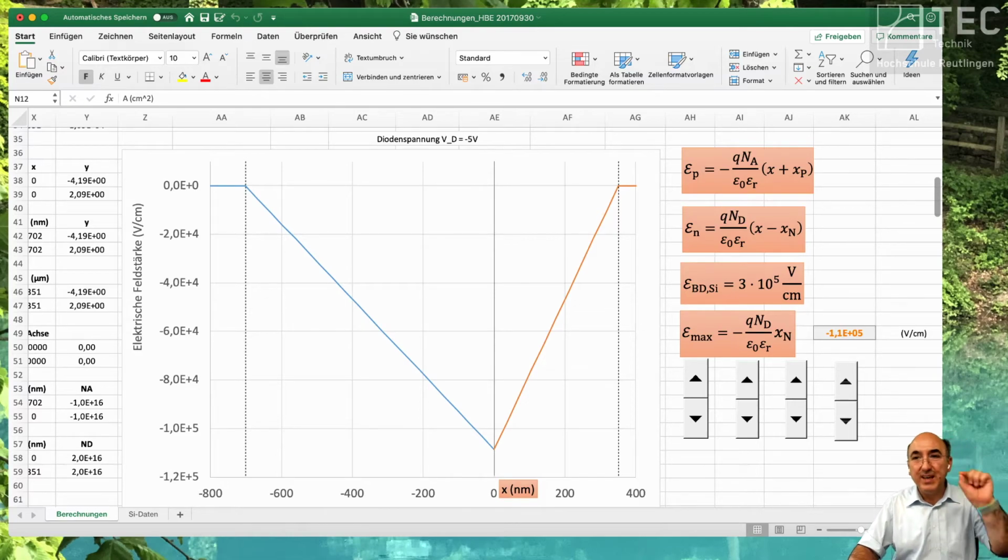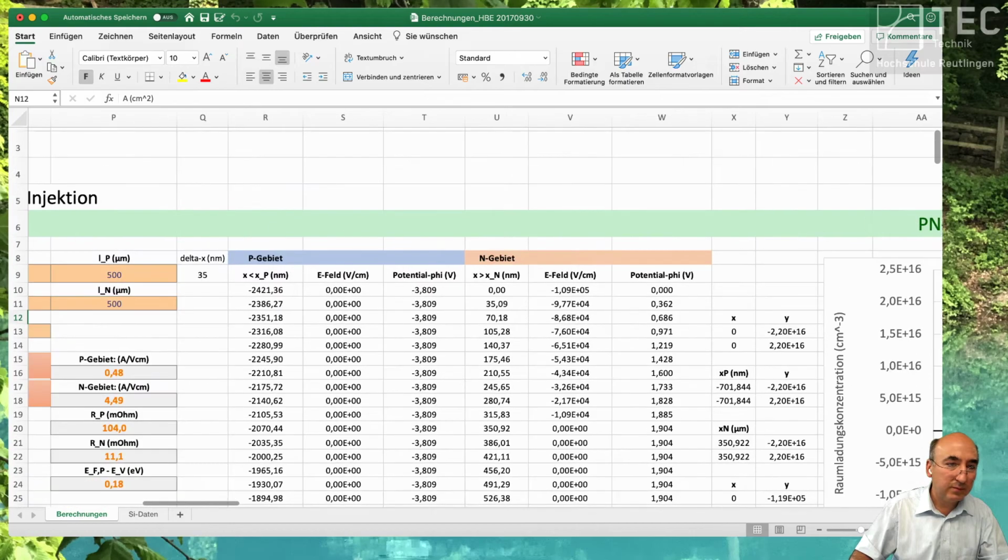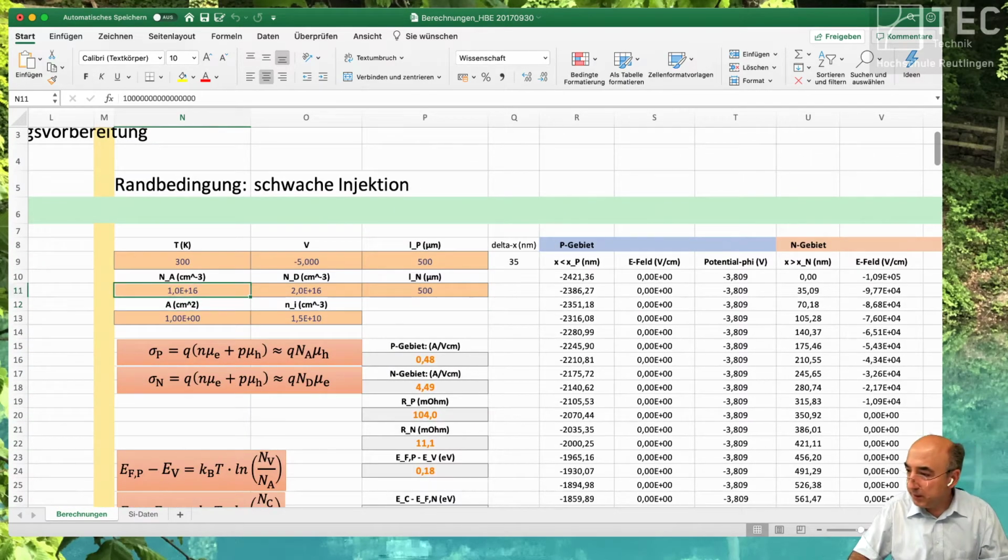That means if you design a diode with these doping levels, then this diode breaks down at, let's say, 6 or 7 volts. And vice versa. If you want to design a diode which breaks down at 600 volts, you know now that you have to dope the semiconductor very low.